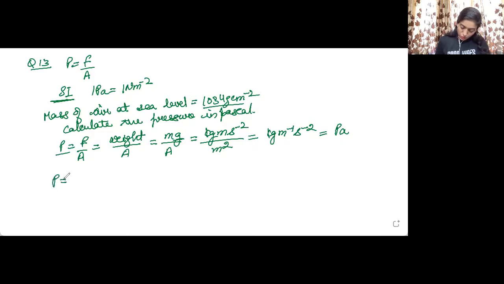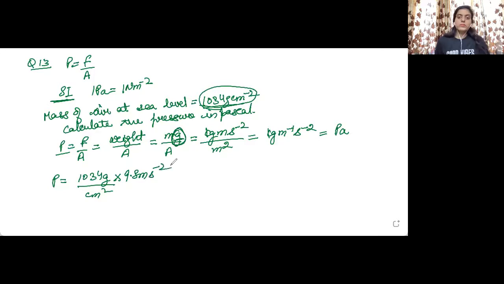So pressure is equal to weight upon area. Mass is 1034 gram per centimeter square, with area included here. Now it will be multiplied by acceleration due to gravity, 9.8 meter per second square. In the final units we need kg per meter per second square, which is Pascal.